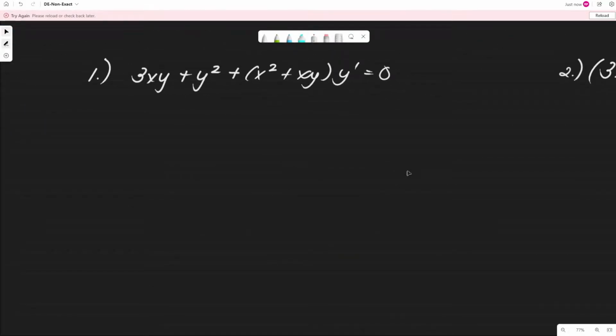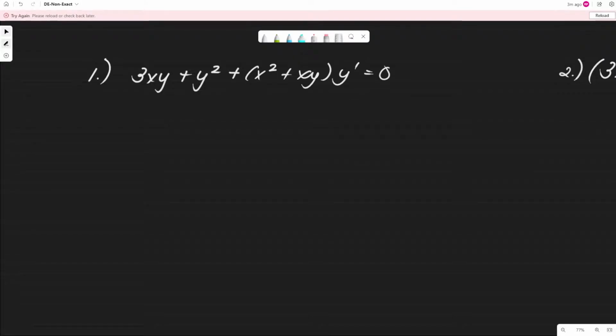So we have our first example: 3xy plus y squared plus the quantity x squared plus xy times y prime is equal to 0. You need to transform the differential equation first into the form M of x,y dx plus N of x,y dy. You need to segregate dx and dy.